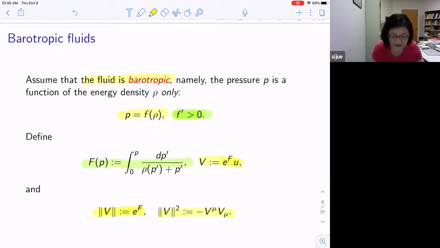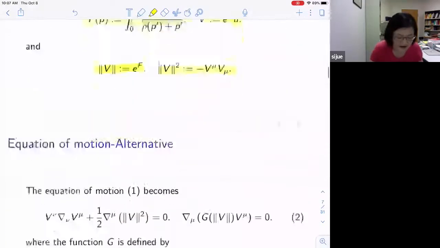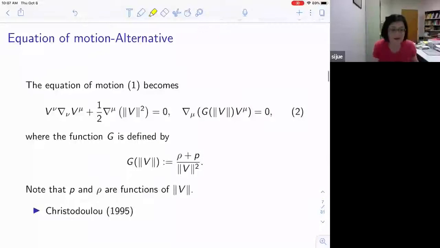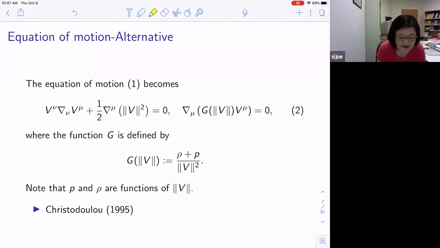This means that f is also a function of p, or in other words, p and rho are functions of f, or functions of the length of v. By just doing this, remarkably, the equations of motion become these two. This looks a lot better than originally.